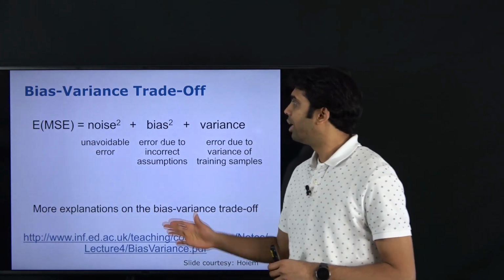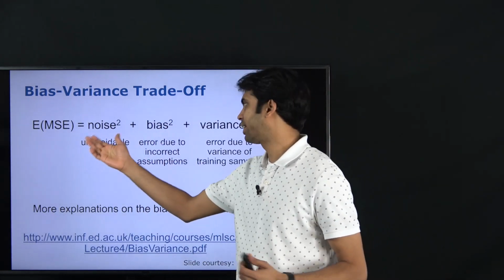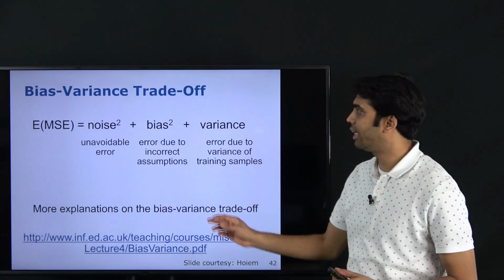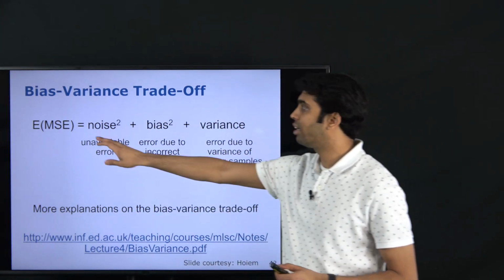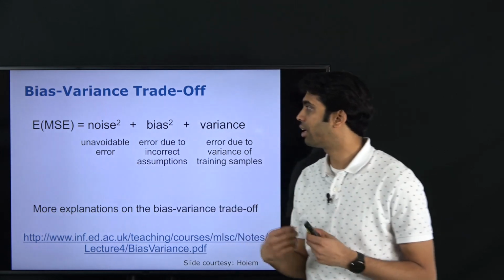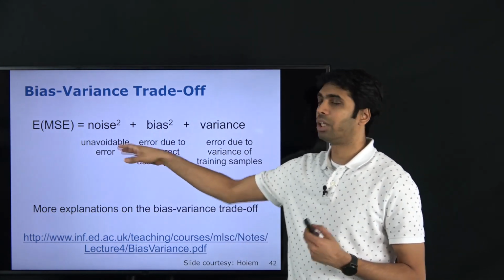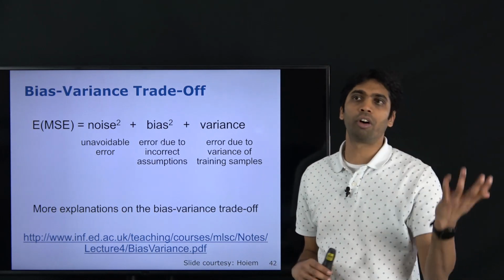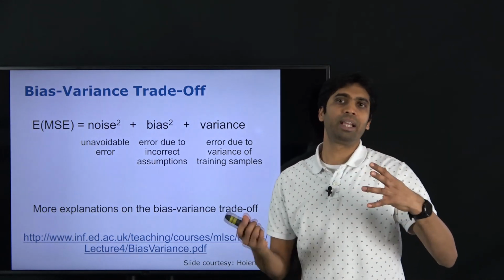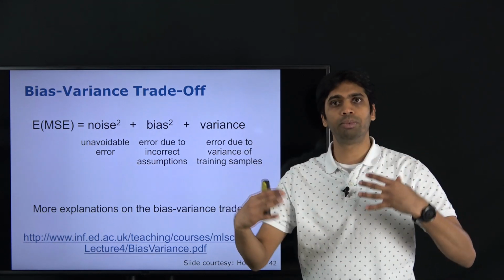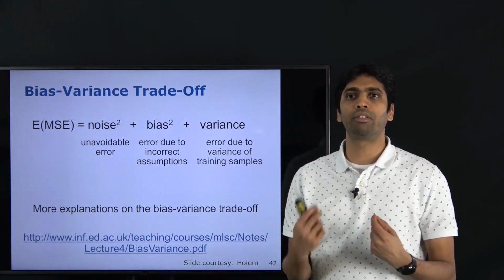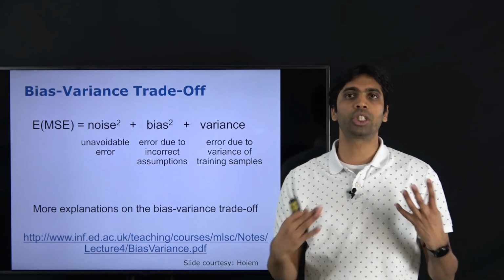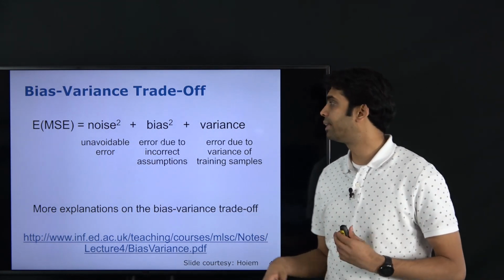And there's an equation which defines this link quite well, where the mean squared error for a particular prediction depends upon the noise in the data. This is unavoidable, because the training data is basically samples of the true distribution, so there is certain unavoidable noise because you just don't observe all the samples that are there.